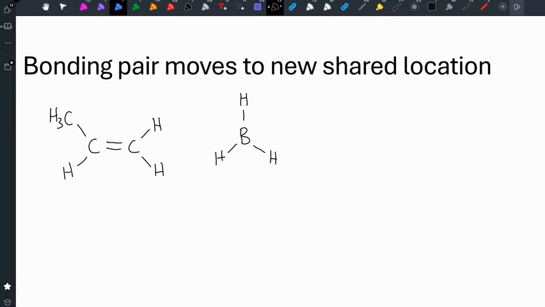So it's a little bit of a more complicated statement here. But this carbon over here says, you know what, I don't want to share with you anymore. I'm taking the shared electrons and sharing them with someone new.